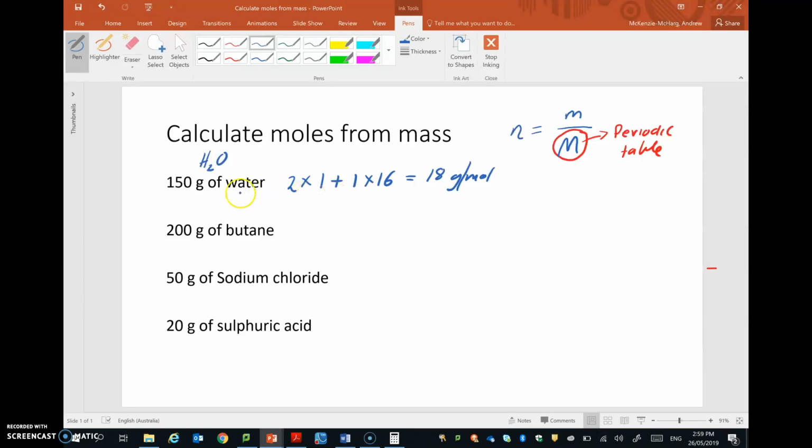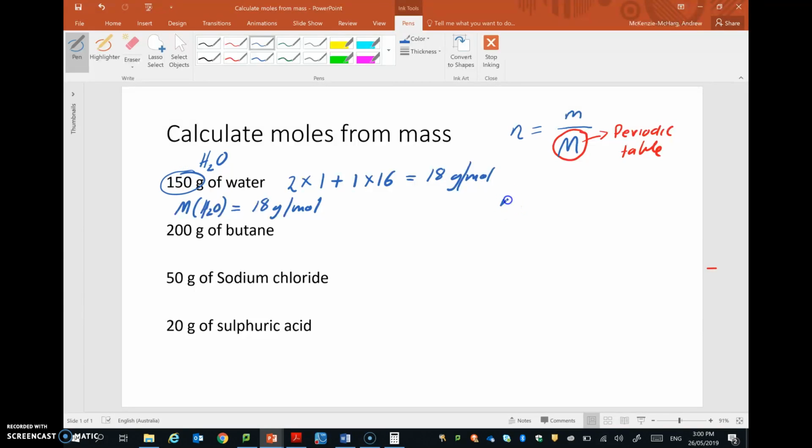So to show this with a particular notation, we'd use the capital M, molecular mass, and in brackets have H2O to show that we're finding the molecular mass of water, and that's equal to 18 grams per mole. Okay, so we figured out that capital M. So all we need to do now is divide the given mass, 150 grams, by that molecular mass.